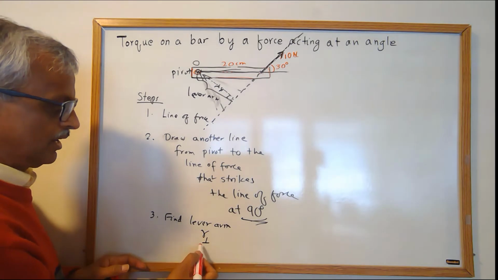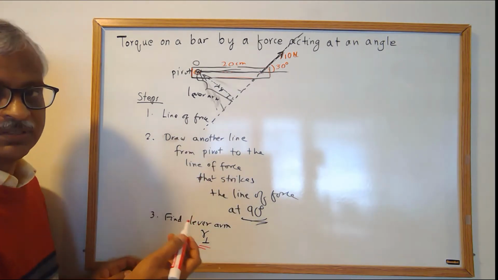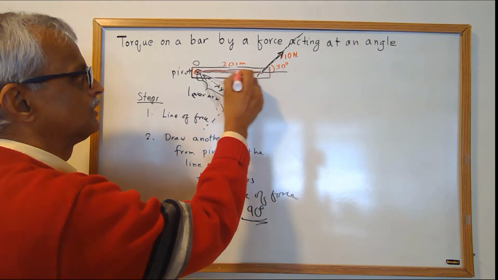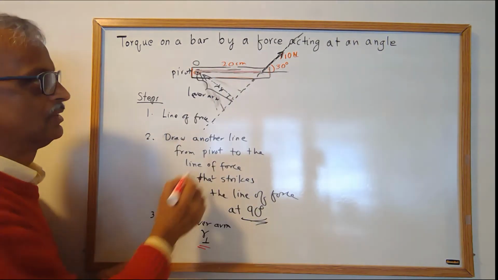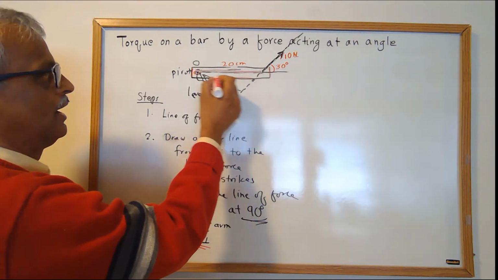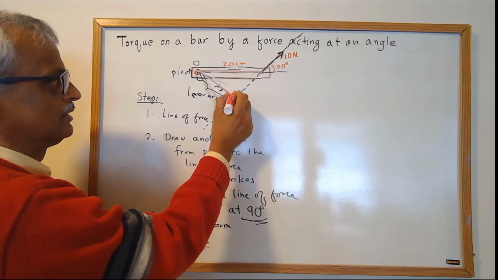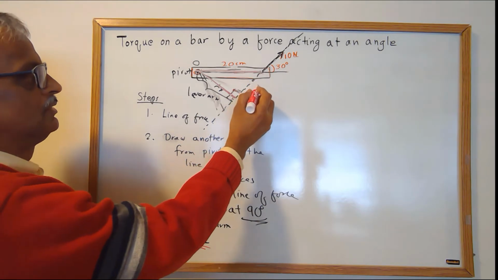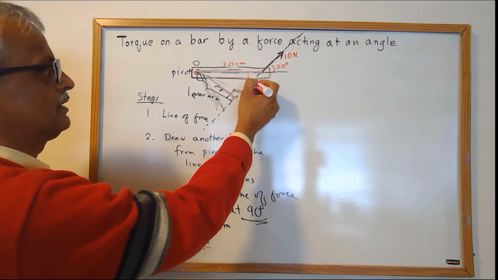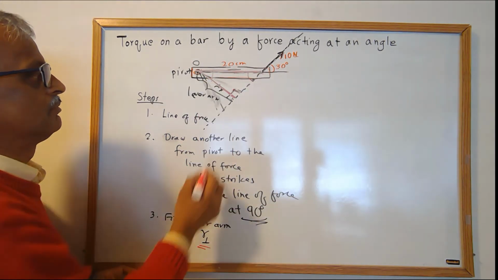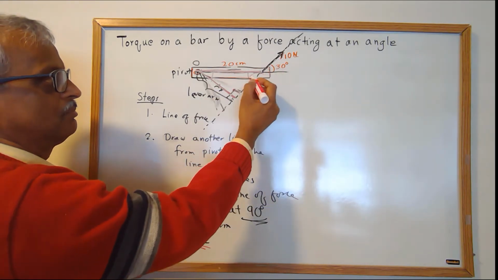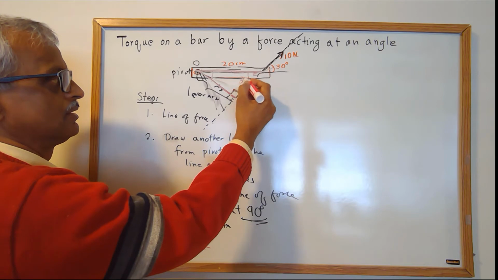In this process you've got to look for triangles. And here I find this triangle. From here to here I know is 20 centimeters, and this is the 90 degree angle in that triangle. If I could figure out this angle or this angle, I'll be done, because I know the hypotenuse. And this angle is 30 degrees.